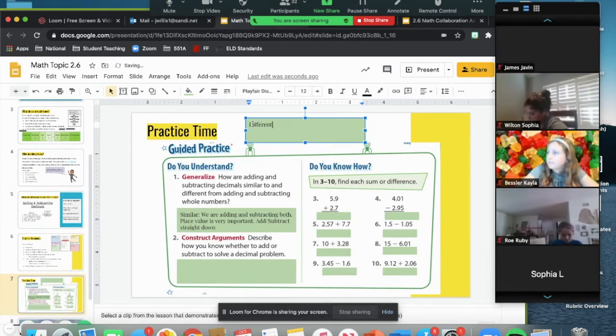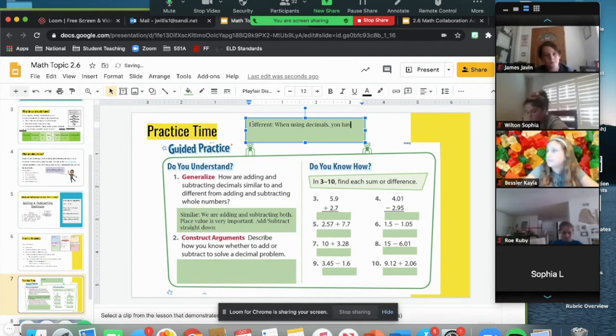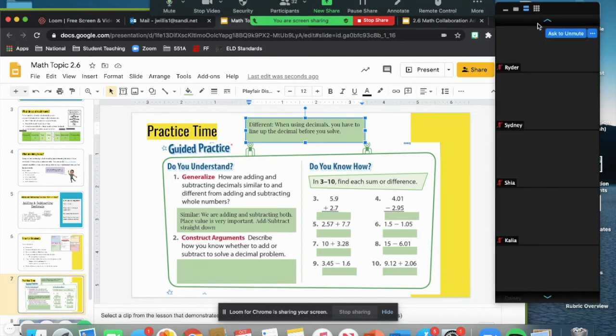They're different because you have to line up the decimal. When using decimals, you have to line up the decimal before you solve. That's the most crucial thing. Does anybody have anything else that they want to add about how it's different when using whole numbers and when we're using decimals?